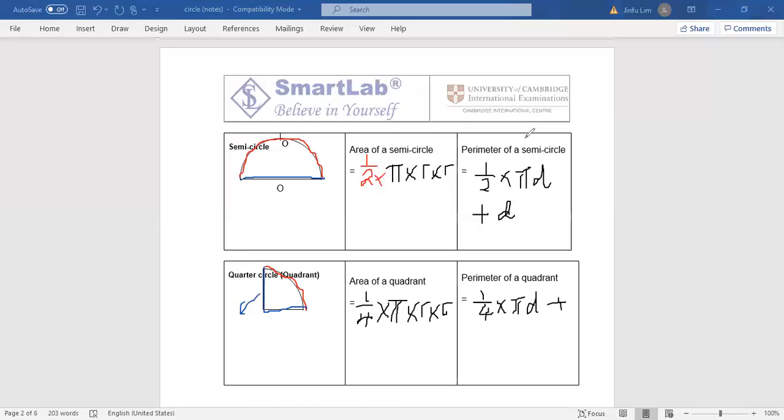Since this is the center O, each of these blue lines actually represents a radius. So over here, you can just add 2 times r, 2 times radius. Okay, now we'll take a look at some examples to illustrate this further.